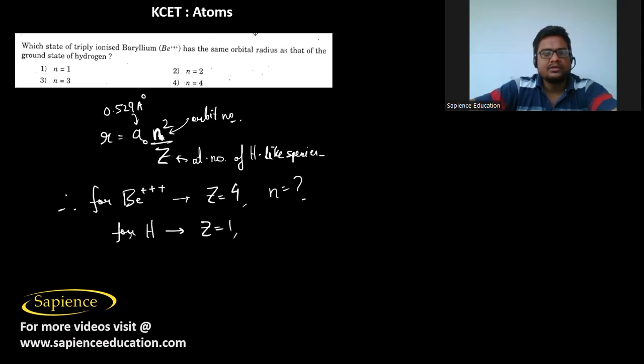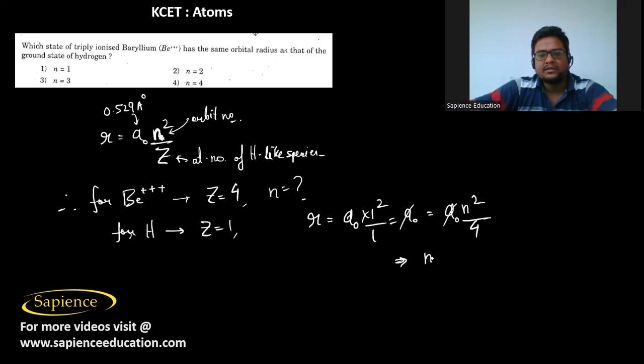So for the ground state of hydrogen, r will be equal to a naught into 1 square by 1, which is equal to a naught. And that should be equal to, for beryllium also, a naught into n square by 4. So a naught will cancel, then n square should be equal to 4, so n should be equal to 2. So for the second orbit, n is equal to 2, for triply ionized beryllium, the same orbital radius will be there. So option 2 is the correct answer.